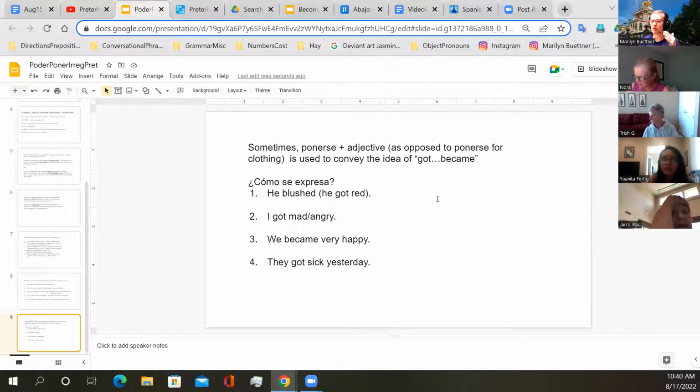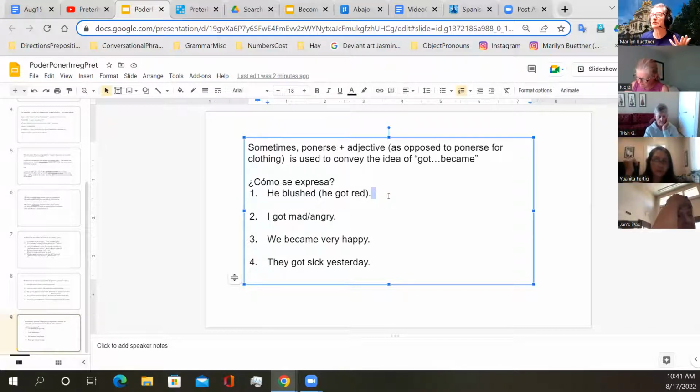We have to have ponerse with a description to talk about somebody's mood, attitude, feelings. So we're not using ponerse with camiseta, pantalones, or chaqueta. We're not using it with an article of clothing. We're combining it with a physical feeling or an emotional feeling.